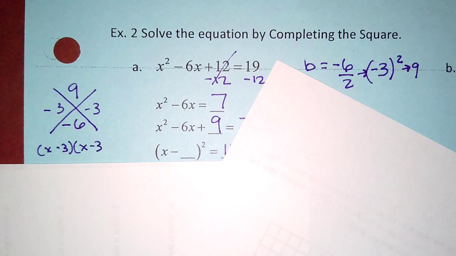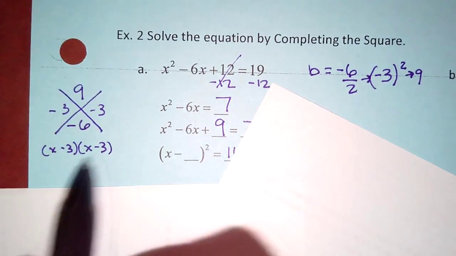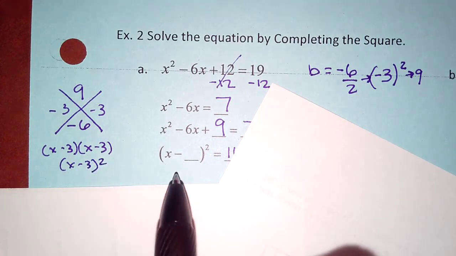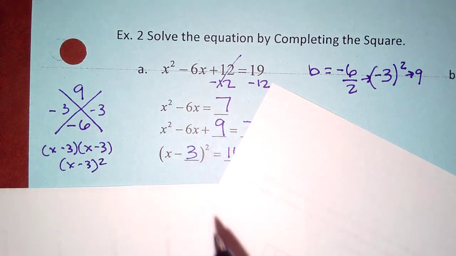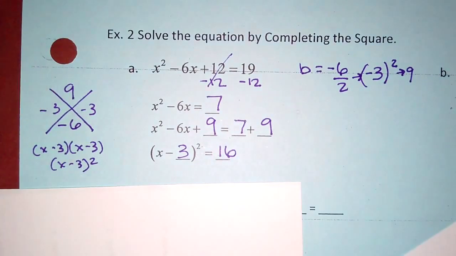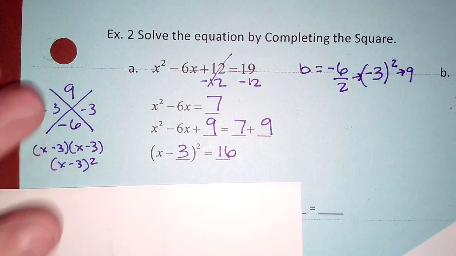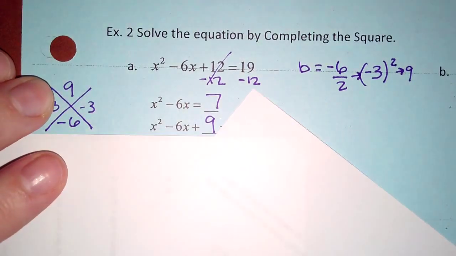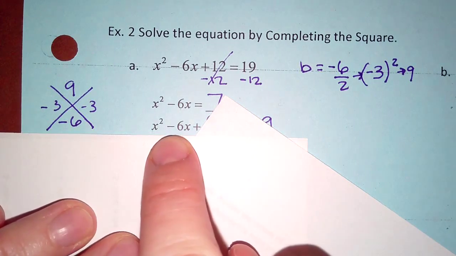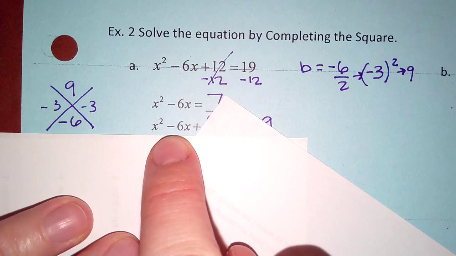Or I could write x minus 3 squared. That's the format that I have laid out here for you. Shortcut to do that, instead of doing this x every time, whenever I'm looking at this part of the question, I say, okay, b is negative 6, divide that by 2.